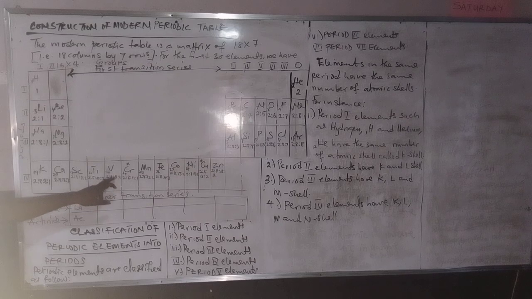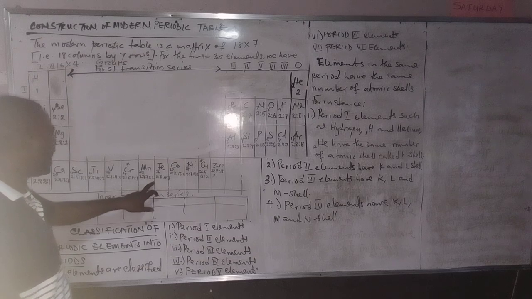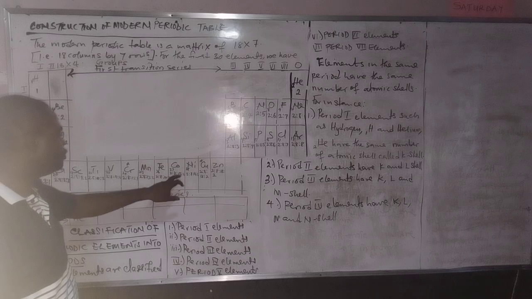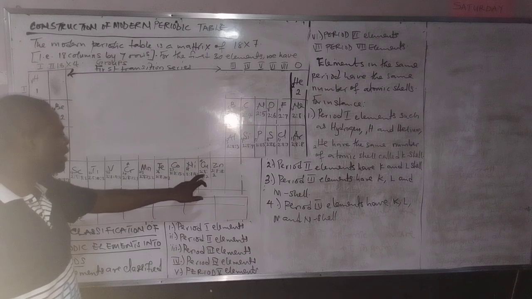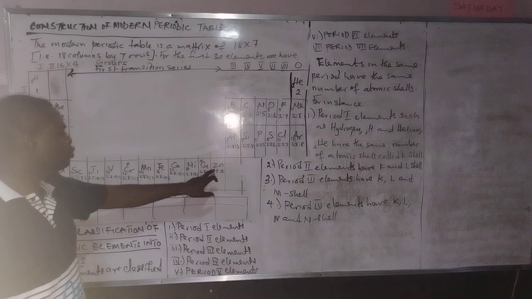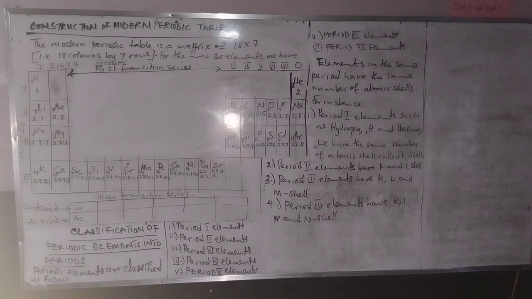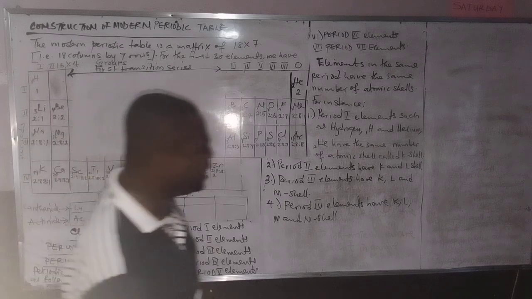Vanadium 2:8:11:2. Chromium 2:8:13:1. Manganese 2:8:13:2. Iron 2:8:14:2. Cobalt 2:8:15:2. Nickel 2:8:16:2. Copper 2:8:18:2. Zinc 2:8:18:2. So they have four digits. Lanthanides are in period 6, while actinides are in period 7. We are going to look at that later.